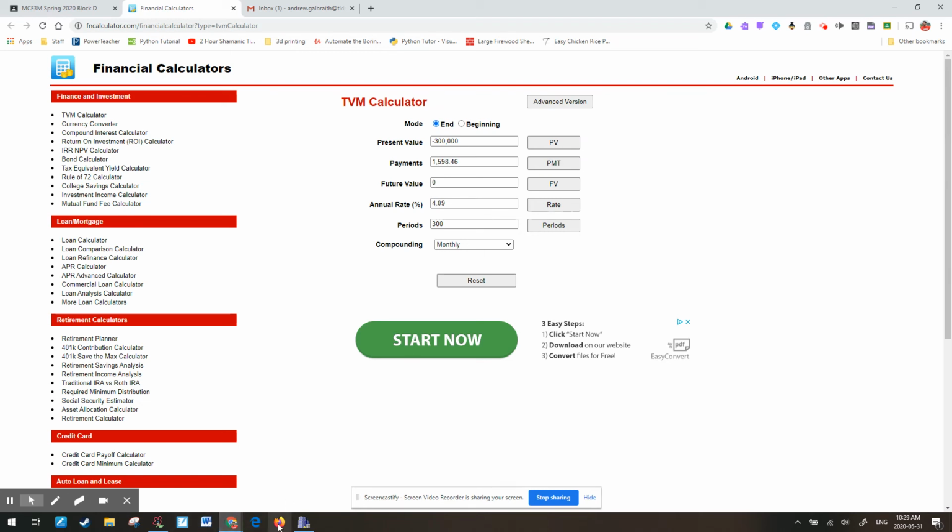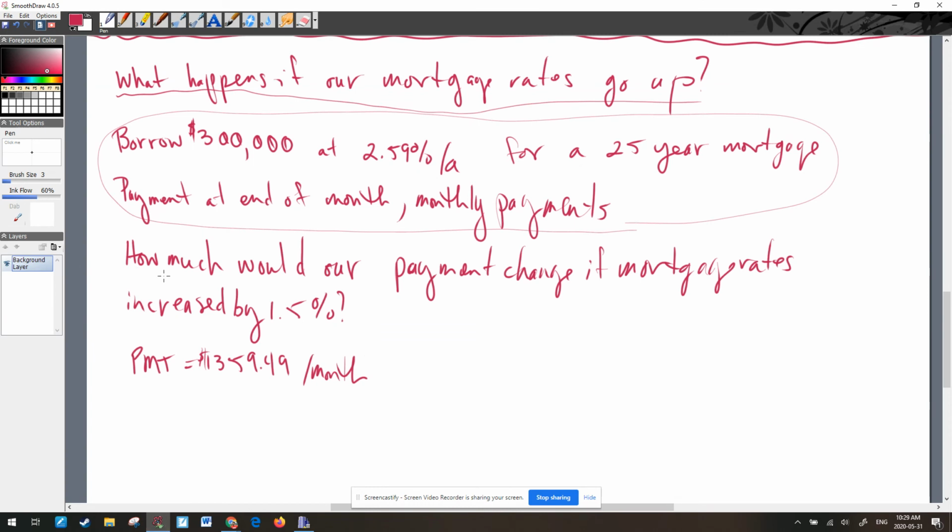It went up to $1,598.46 per month. And this one up here is at 2.59%, and this one down here is 4.09%.